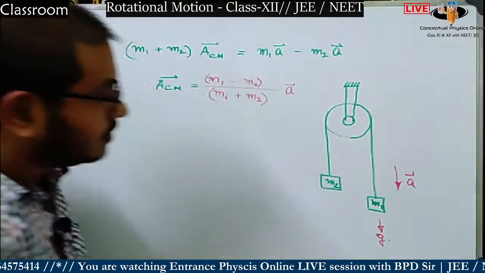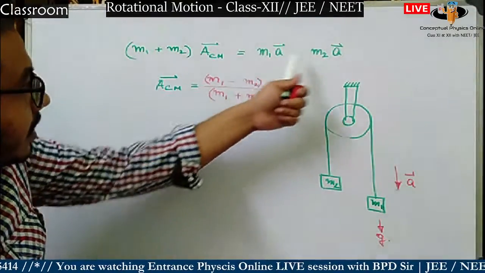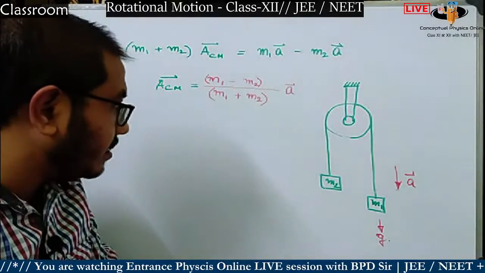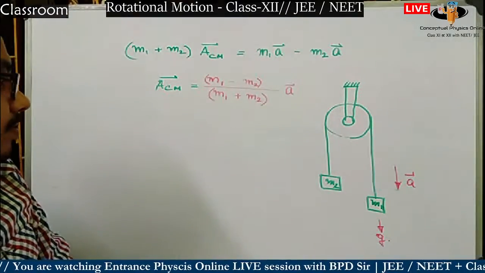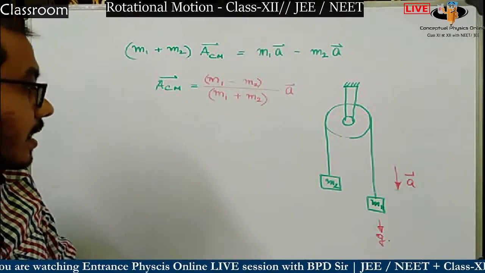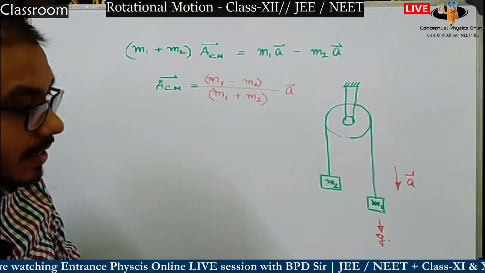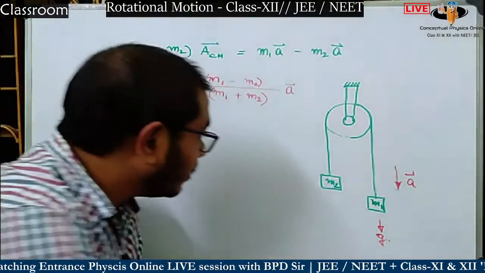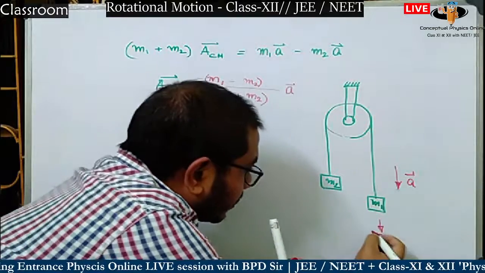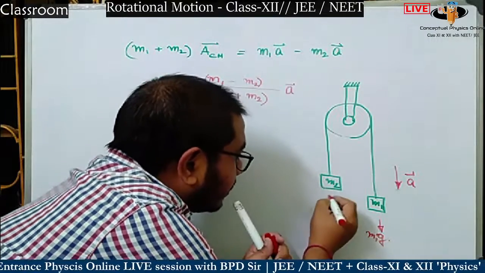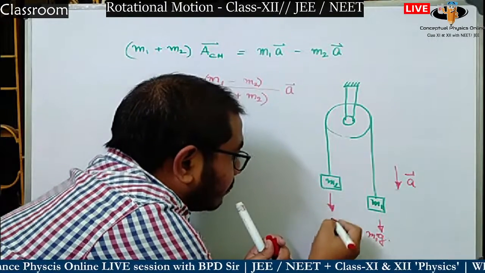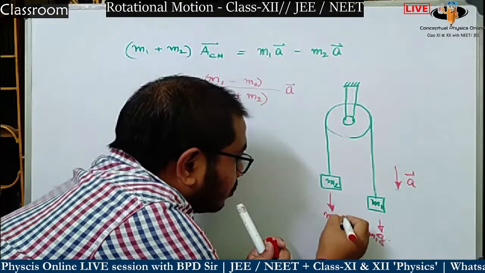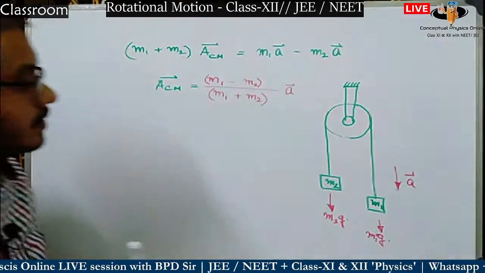So m1 minus m2 a, and downward it is working m1g over here and here it is working m2g, right?